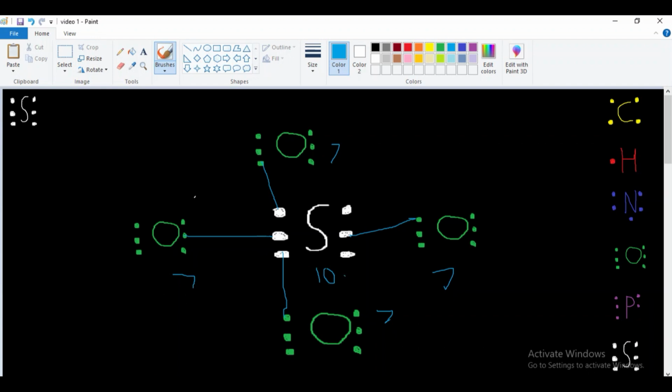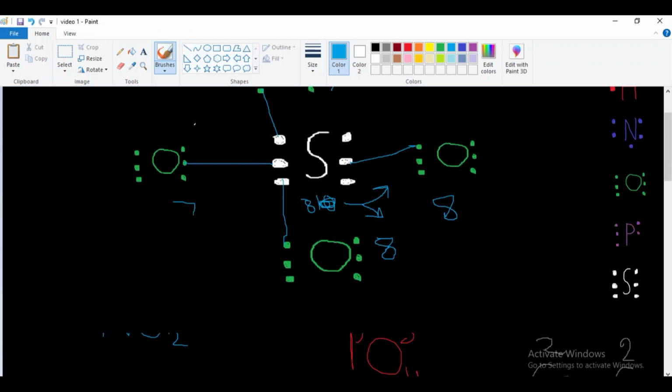So first it will give to this, and second to this. It will become 8. This will also become 8, and this will now become 8. So its new charge will be 2 minus. I mean, it needs 2 electrons. So SO4, 2 minus.